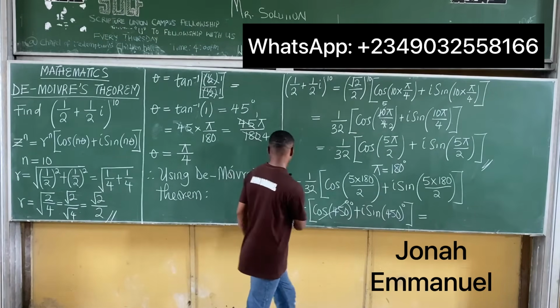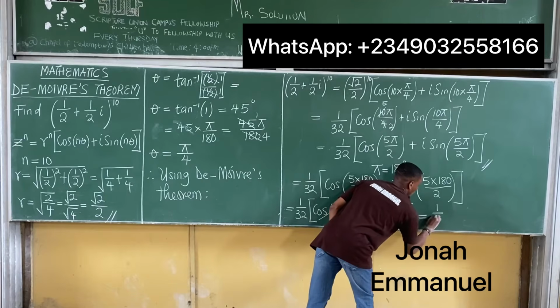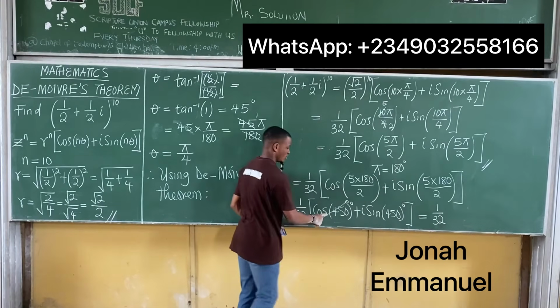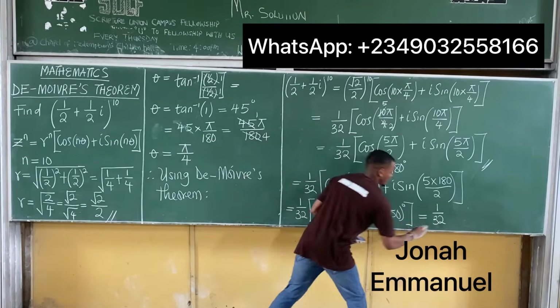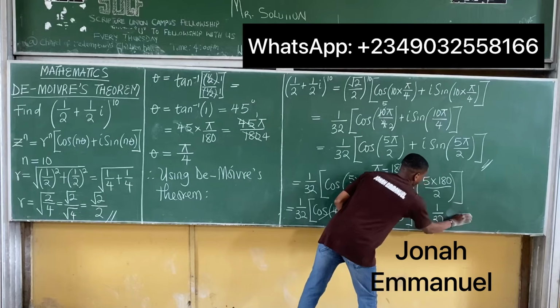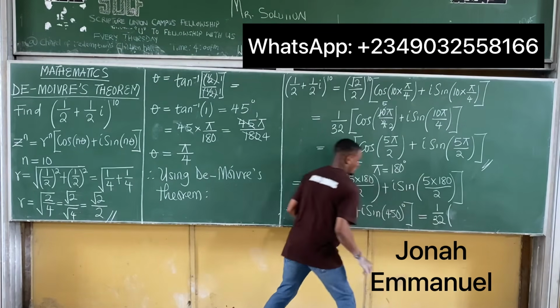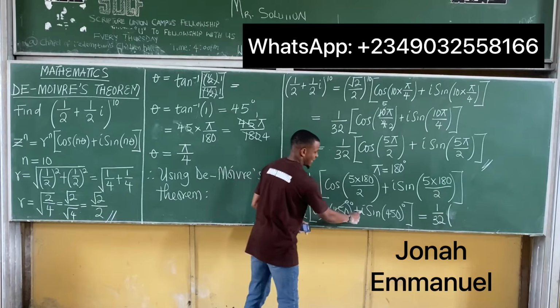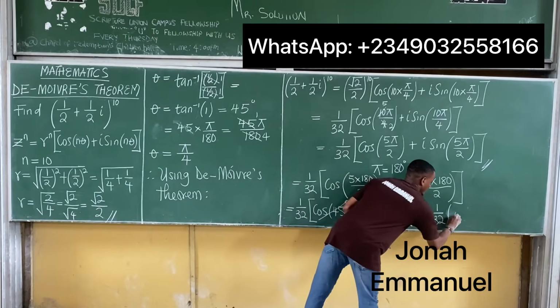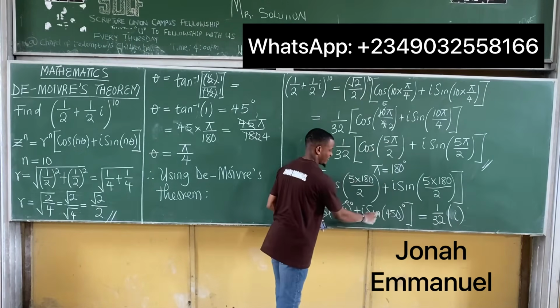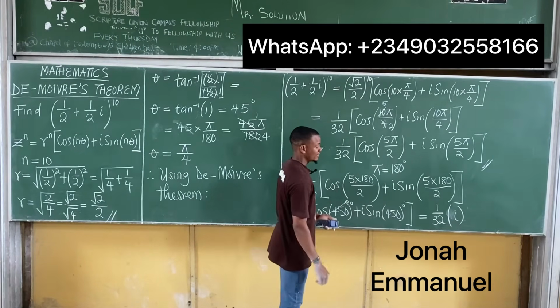So in essence, this is equal to 1 over 32 into 0 plus I times 1, that's I. You can punch this, sine 450, you have 1.